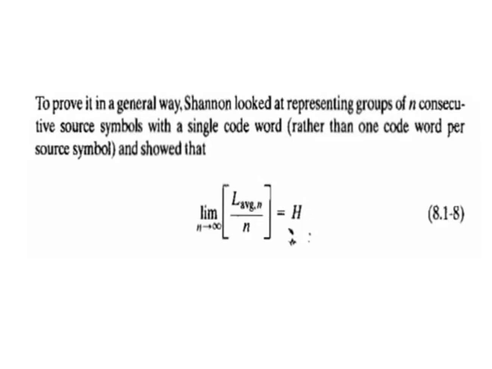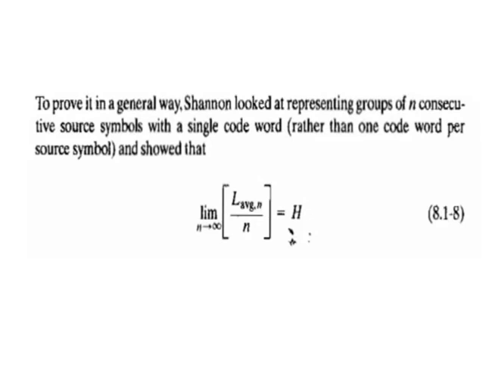In the proof, he defined the nth extension of the zero memory source to be the hypothetical source that produces the n symbol block, using the symbols of the original source, and computed L_avg,n by applying the above equation to the code word used to represent the n symbol block.